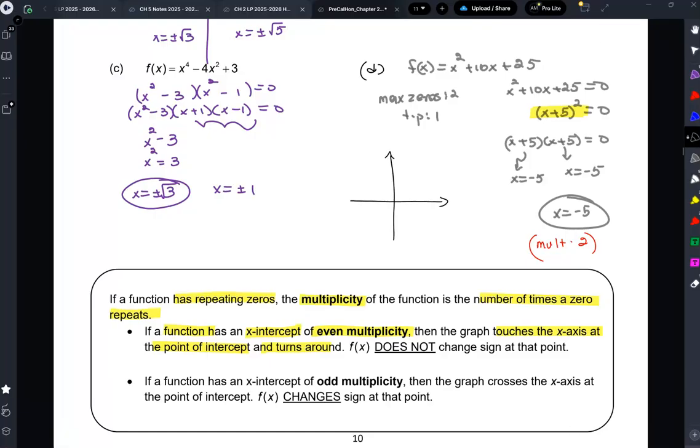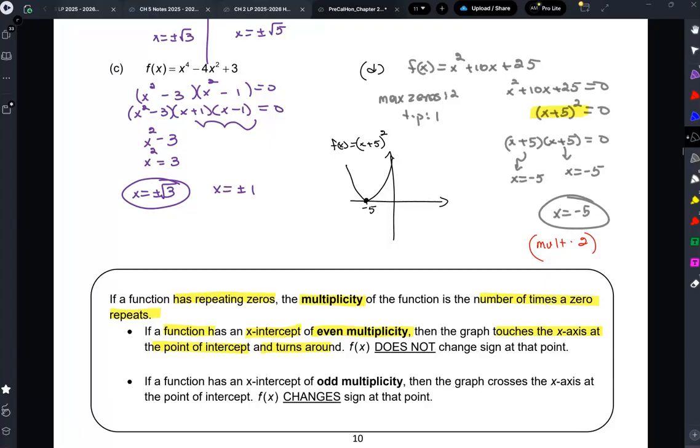Back in the day, when you had f of x is equal to x plus 5 squared, we knew that's a parabola with a vertex at negative 5, and it looked like this. Do you see that? So this one has a zero at negative 5. That zero at negative 5 has a multiplicity of 2.